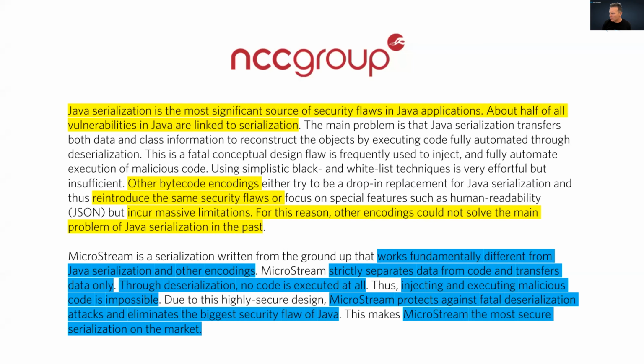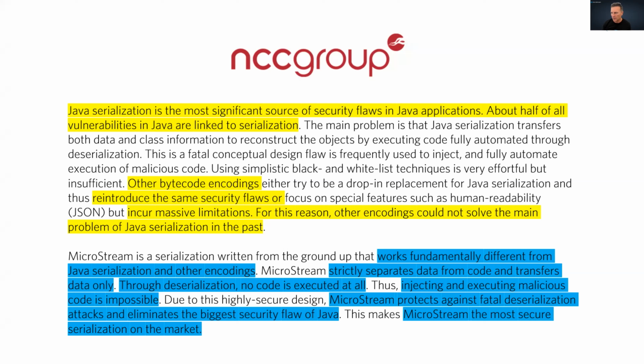Right now, just in time, we received a report from the NCC group. They tested MicroStream for many months, starting 8 months ago when we started the project together with NCC group, and now we have received the final report.